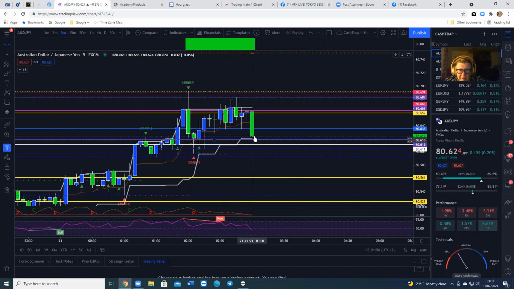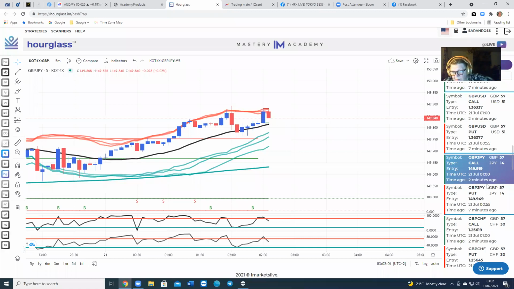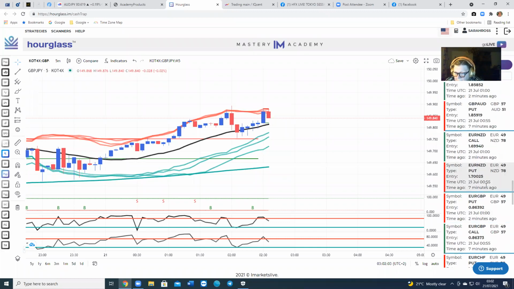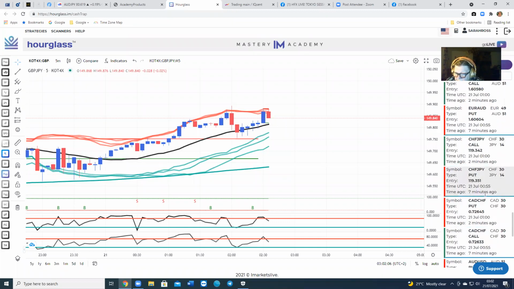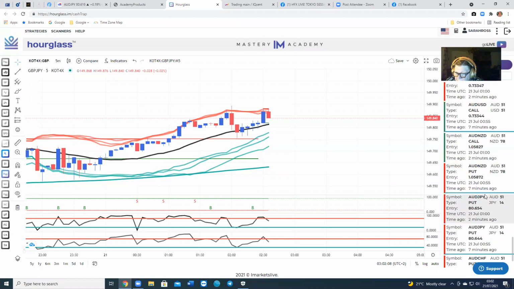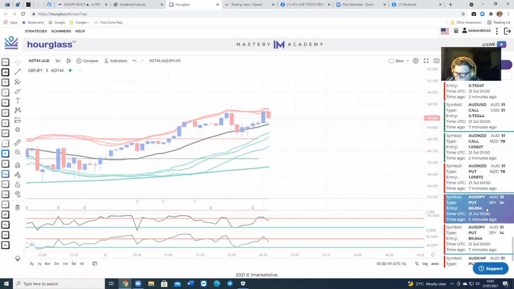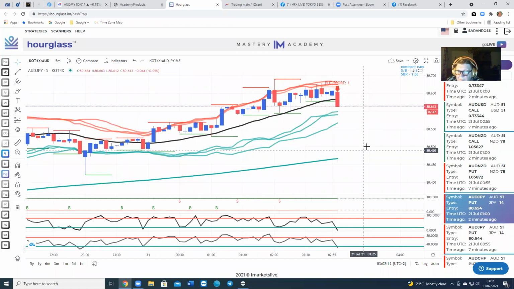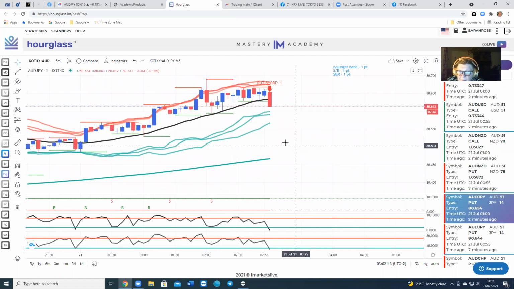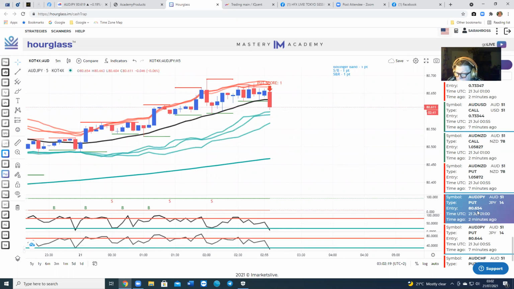And oh, look at that go, massive change of direction.